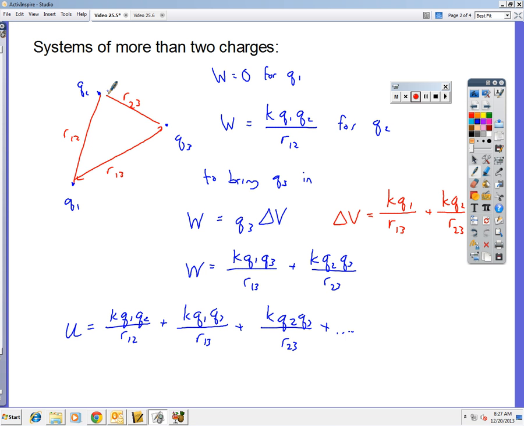If you have 5 charges, you increase the number to 10. If you have 100 charges, you have something close to 5,000 interactions. So this gets very complicated very quickly. But you're probably not going to be asked to find the energy of more than 4 charges. So it's really not that bad. Just remember that you have to find the interaction of every pair of charges.